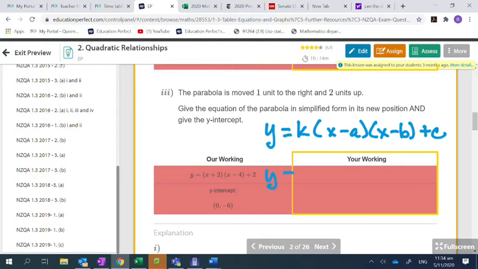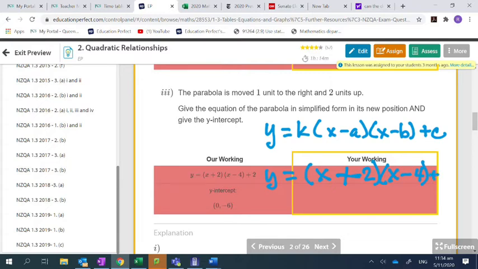So y equals, now it didn't turn over, so don't worry about k. X minus, what was our first intercept? A -2. And when you put in minus a -2, what does that become? X minus, what was our other intercept? +4, so just plunk it in. Don't worry, the minus was already there.